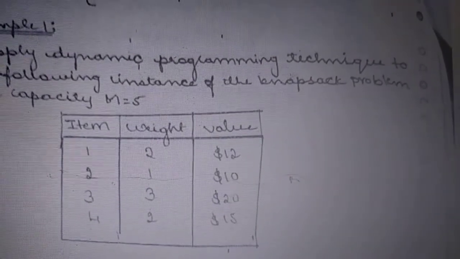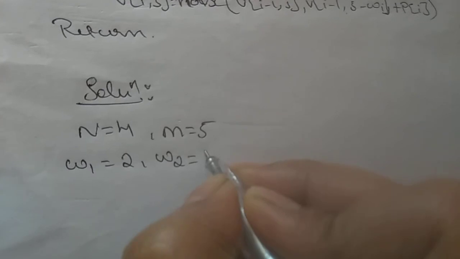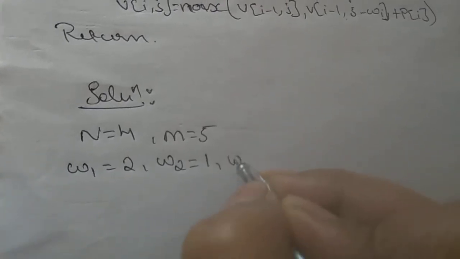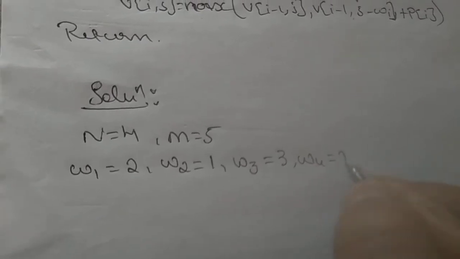Okay, now we'll go with the solution. n equals 4 because the items are given as 1, 2, 3, 4, and maximum capacity m equals 5. It is already given in the question. Then weights: W1 equals 2, W2 equals 1, W3 equals 3, and W4 equals 2.